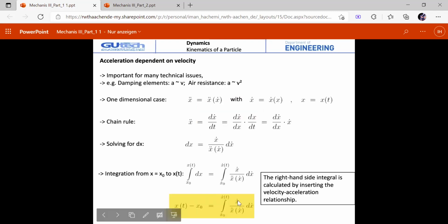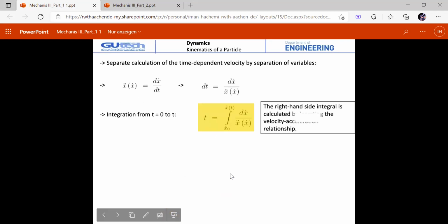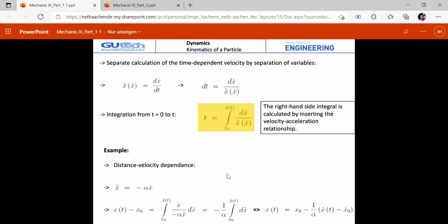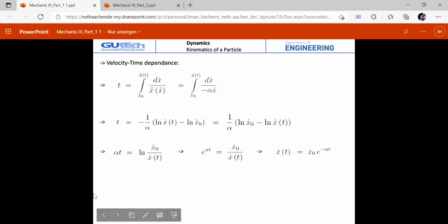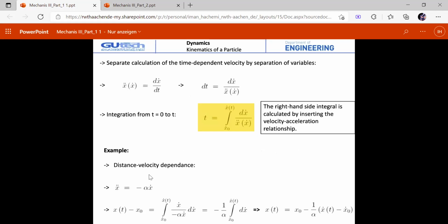Then we get that xt minus x0, from the initial condition.